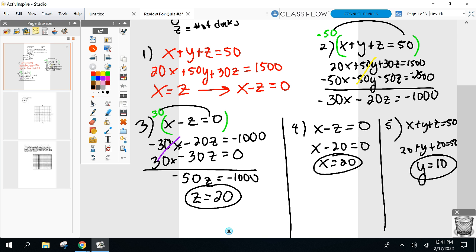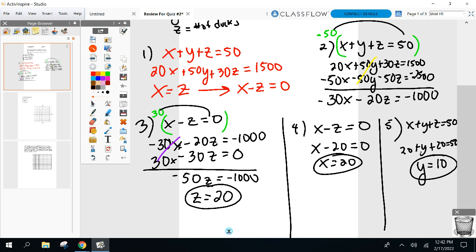Okay, what's the next 2 equations you did? So which one did you multiply by? Negative 20X minus 20Y minus 20Z.